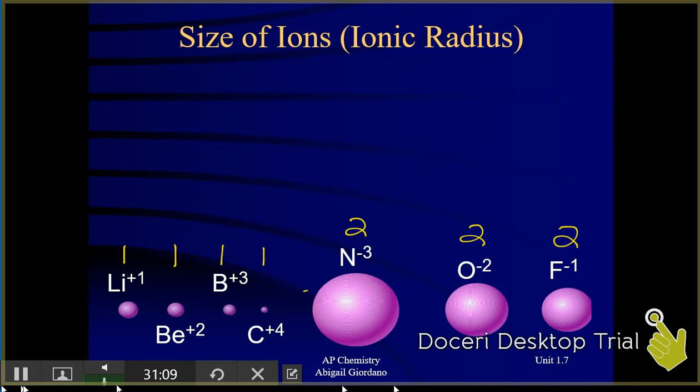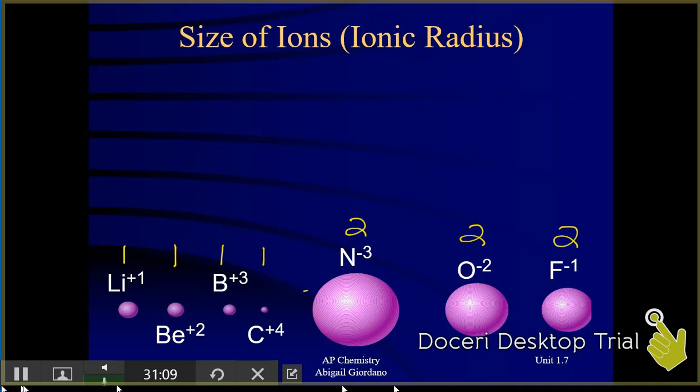Even though these ions are in the same period, they have a different number of energy levels. But let's go one step further. From nitrogen to oxygen to fluorine, why are those ions decreasing in size? Guess what, guys? It's the same reason we've been talking about.